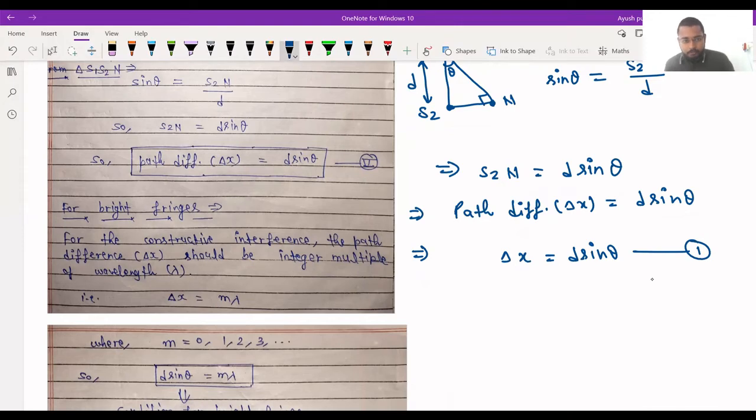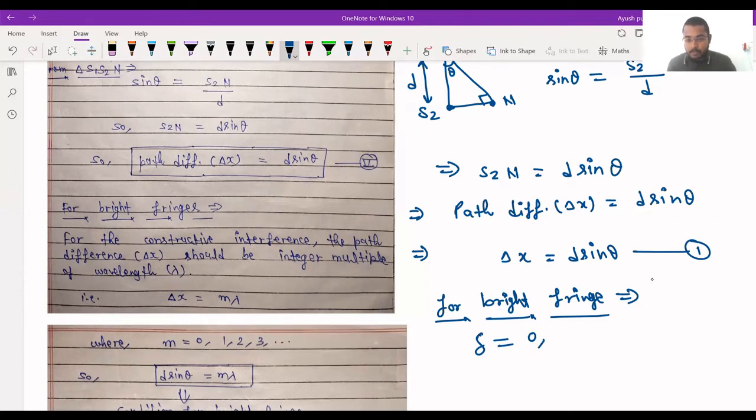For a bright fringe, the maxima should be formed, meaning we should achieve maximum intensity at this point P. To achieve maximum intensity, we know from the discussion of interference that the phase difference should be 0, 2 pi, 4 pi, 6 pi.